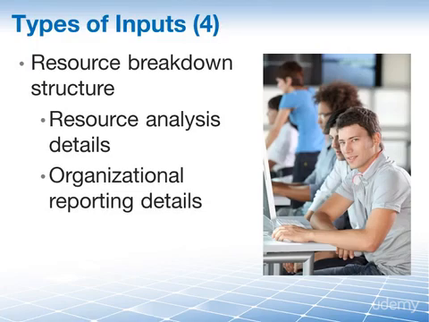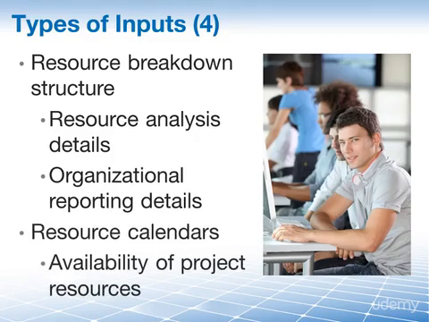We need this because it provides the details that allow us resource analysis and organizational reporting. We also have the resource calendars as an input. They contain information on the availability of the resources for our project. For example, Joe is on vacation in August and Avantika is assigned to another project for the next 6 weeks, but then she is all ours.